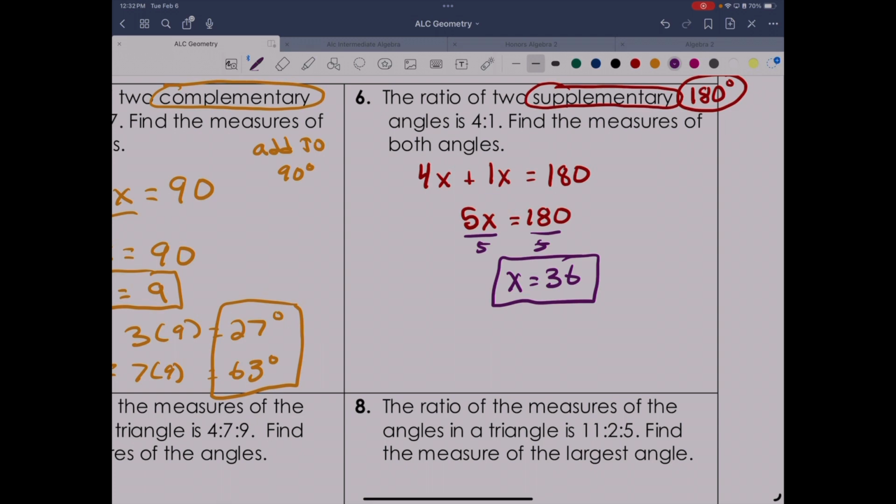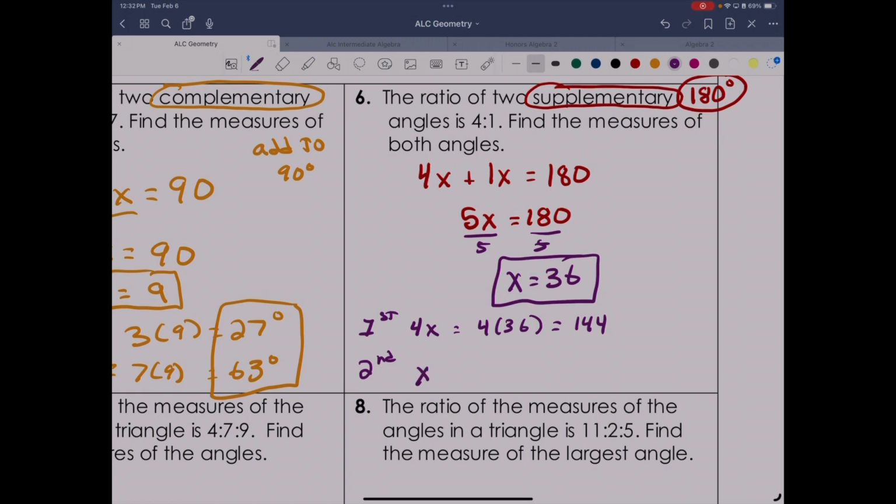So our first angle's ratio was 4x. We know the x value is 36 now, so I can plug it in there. Four times 36 is 144. So that's the measure of our first angle.